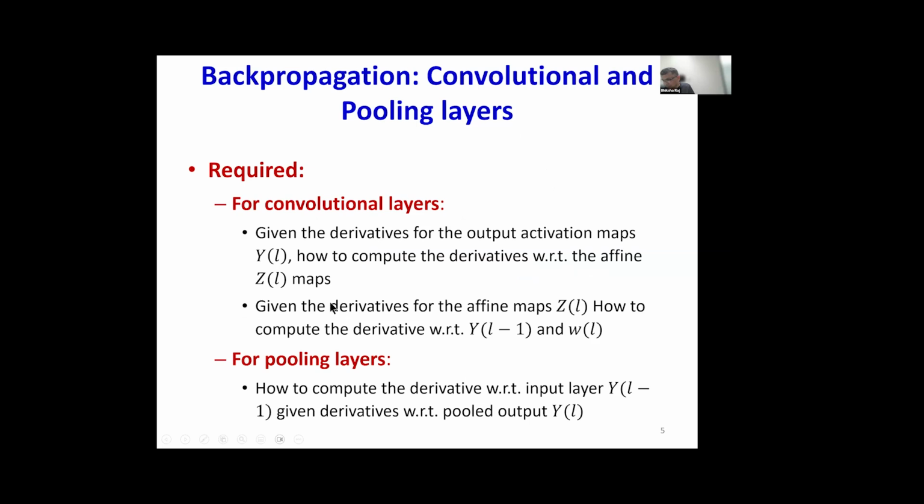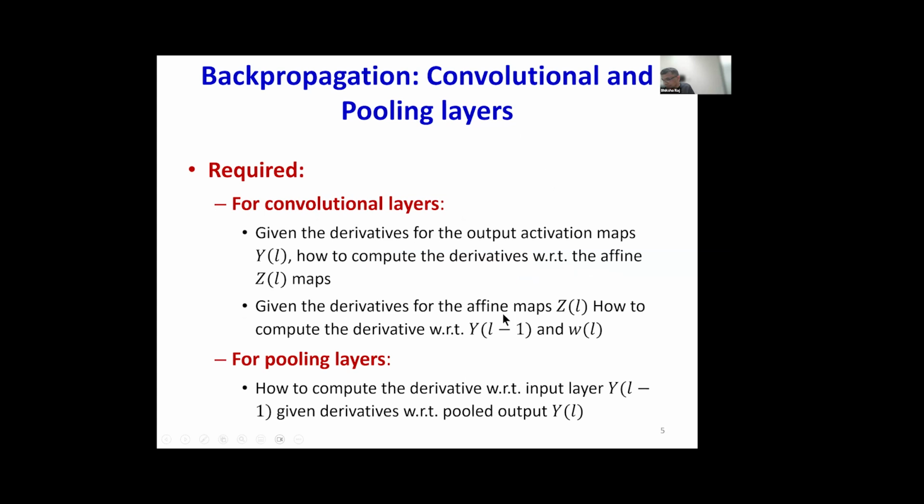At each layer, if this was a convolutional layer, given the derivatives for the output activation maps Y_L, where L represents the layer, we would first need to figure out how to compute the derivatives with respect to the affine map Z_L.